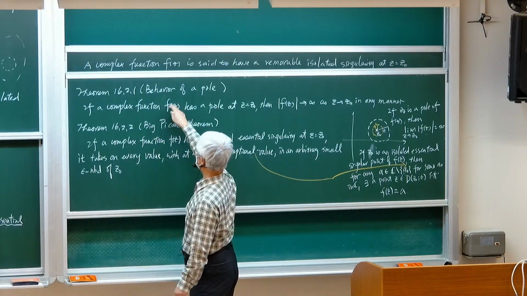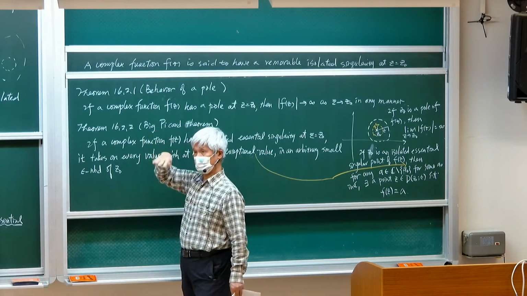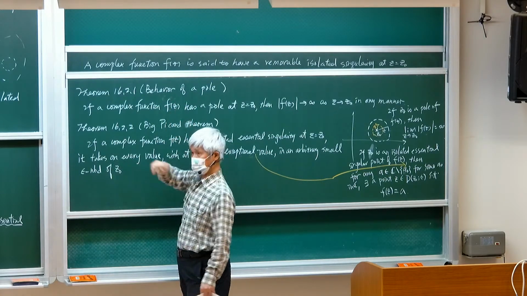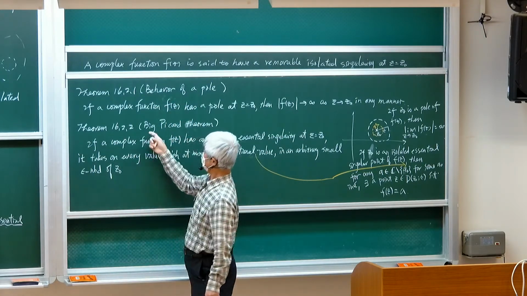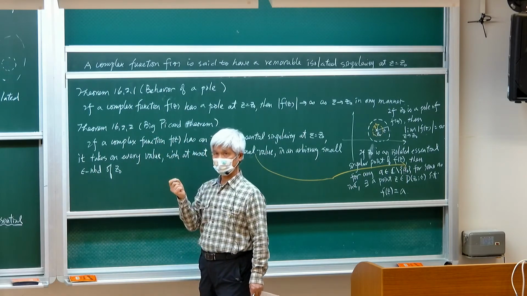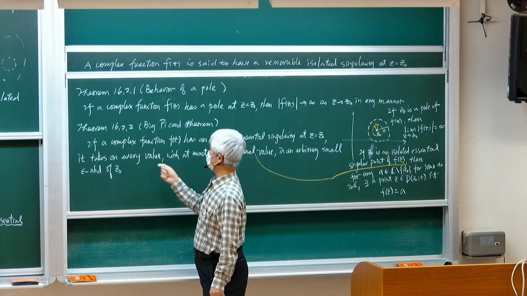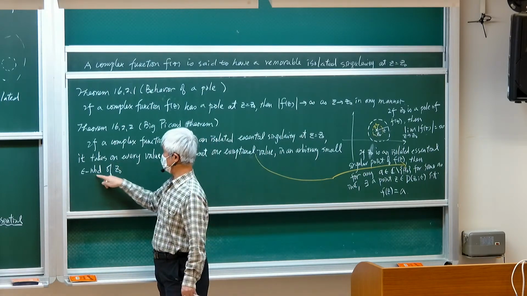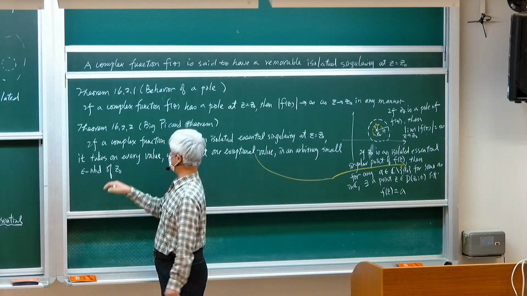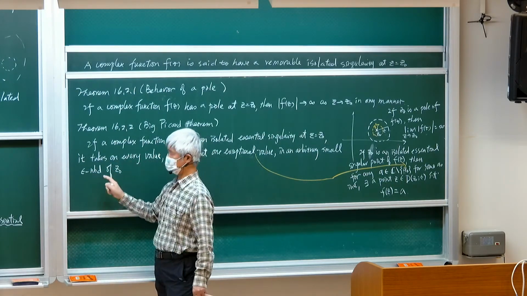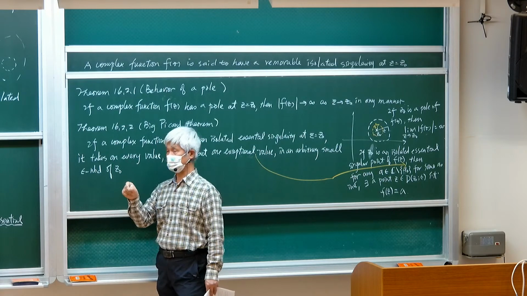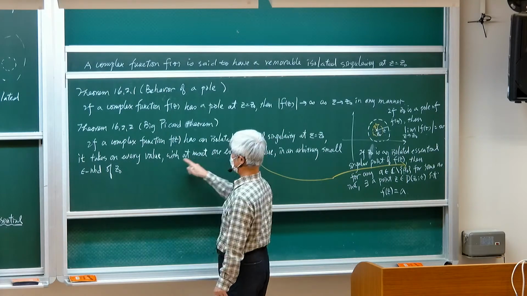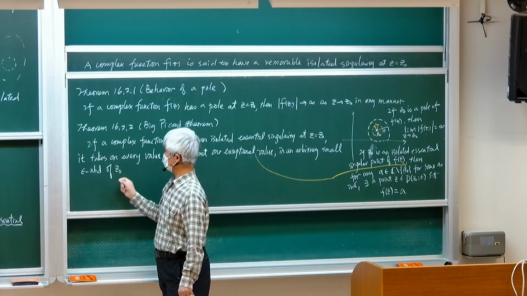For a pole, the function value will go to infinity in magnitude as z approaches z0. But for an isolated essential singular point, even though the neighborhood is very small, the function will take arbitrary values, except one possible value.